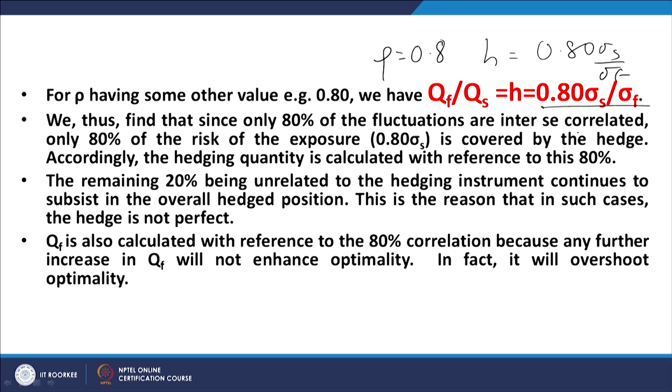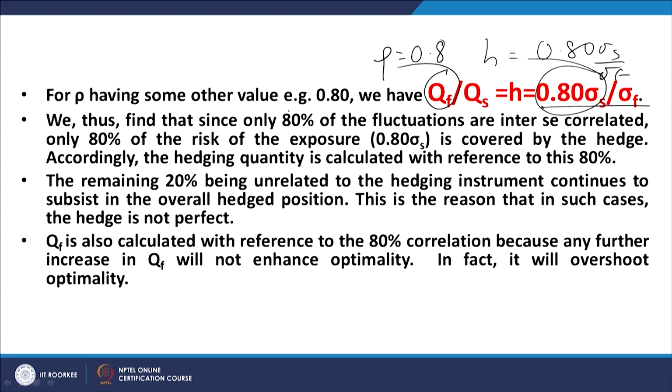What does it mean? It means that if the correlation is 80% or 0.8, only 80% of the standard deviation is being used for working out the hedge position in the futures market.